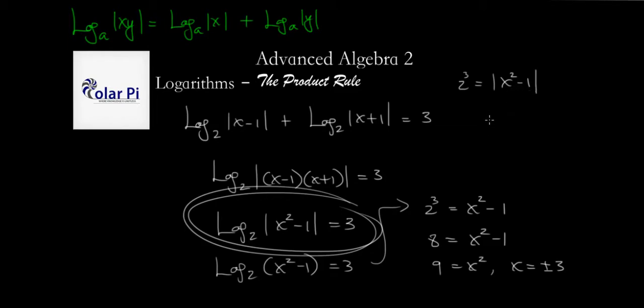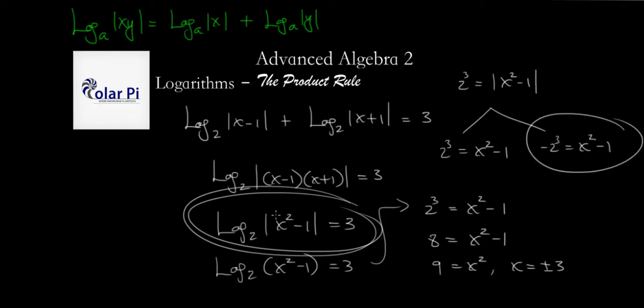But based on our absolute value lessons, we know that we can split this into two equations, which is 2 to the third is equal to x squared minus 1, where this is identical to that, or negative 2 to the third is equal to x squared minus 1. But this here is claiming that this could be negative 2 to the third. But we said it can't. This whole thing cannot be equal to a negative number, because we'd be finding log base 2 of a negative number, and we know that that can't work.